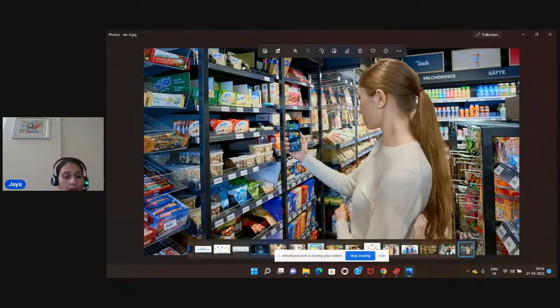Now, the second most important thing while shopping in your supermarket: how would you gather feedback from the customer? Whenever the customer makes a purchase in your supermarket, after the shopping you can create a QR code with a feedback form, where he or she can share the experience they had in your supermarket, whether it was good or not, and whether the products were good in quality or not.